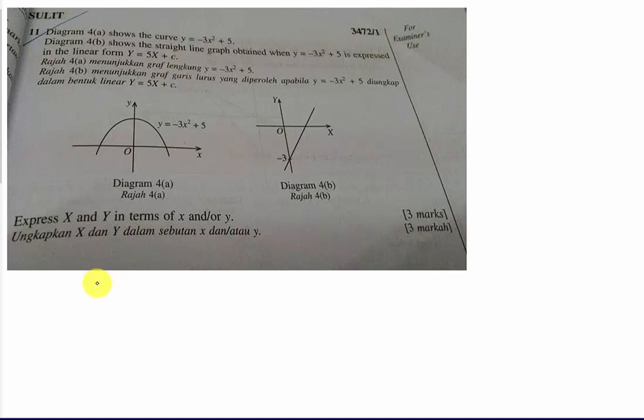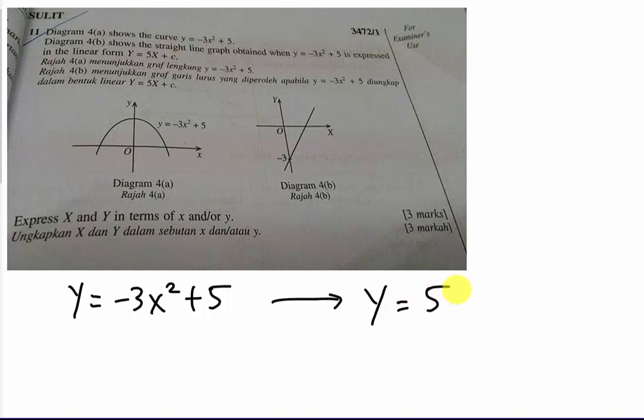So I will write it down. Maybe y equals negative 3x squared plus 5. Now I want to change it into y equals 5x plus c. And from here you can get some idea.